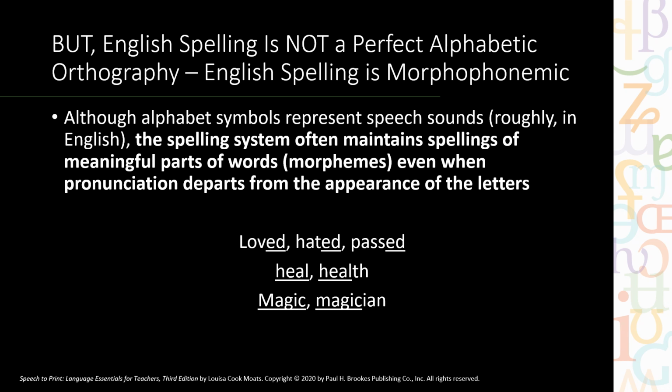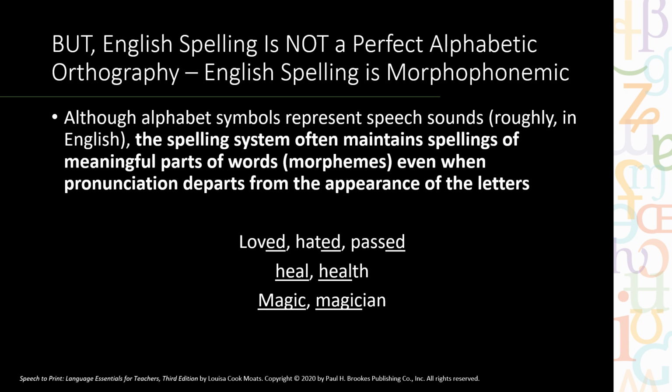For children to become accurate spellers, at some point they have to be able to ignore what it sounds like and have knowledge of the past tense morpheme ed to be able to spell these words correctly. If they spelled everything like it sounded, these words would be spelled lovd, hatid, and past, right? And it would totally lose the meaning component.